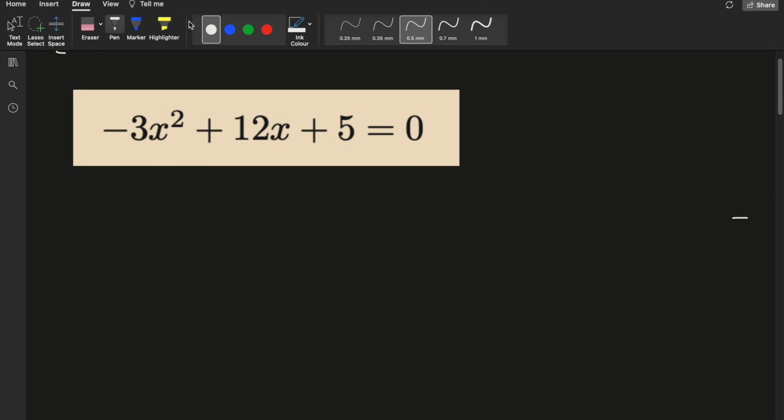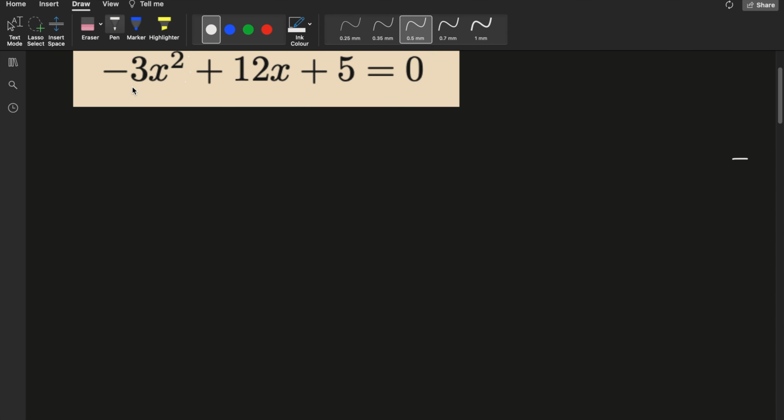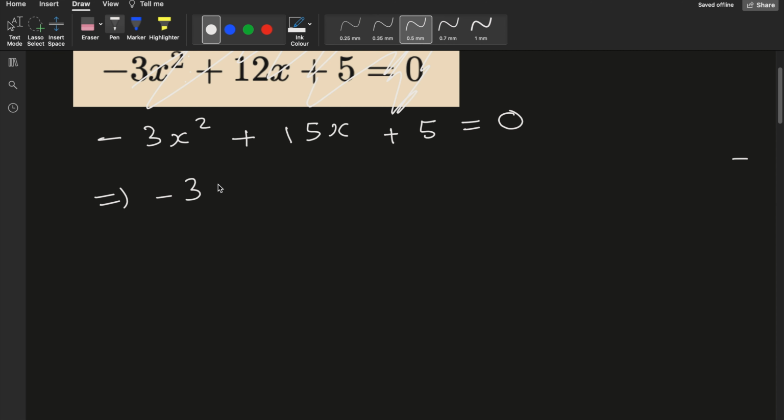I'll write this as minus 3x squared plus 15x plus 5 equals 0, which implies minus 3 into x squared minus 5x minus 5 divided by 3 equals 0. We can cancel out the minus 3, because if we divide this side by minus 3, it will still remain 0.